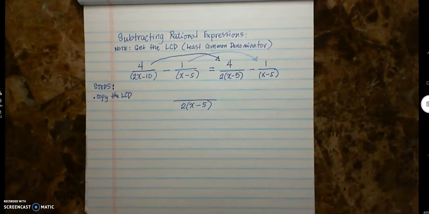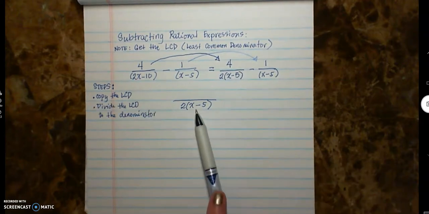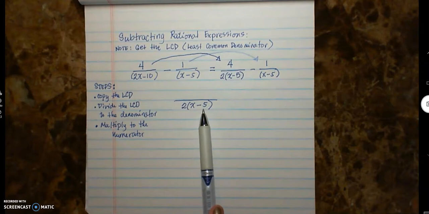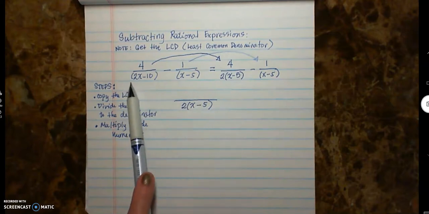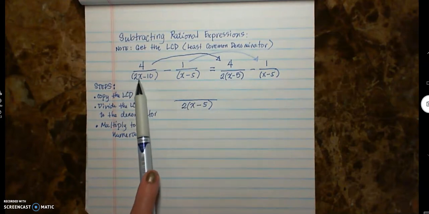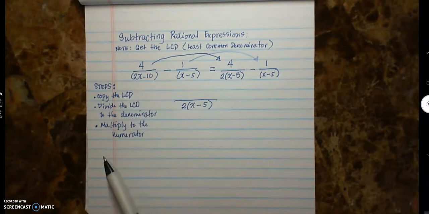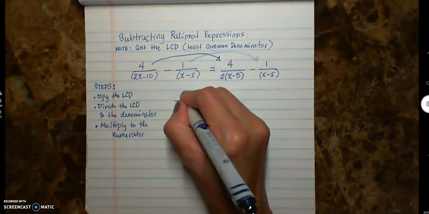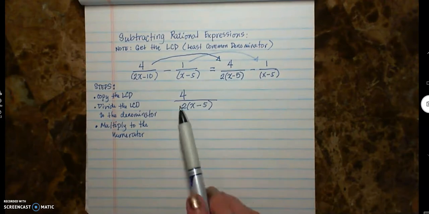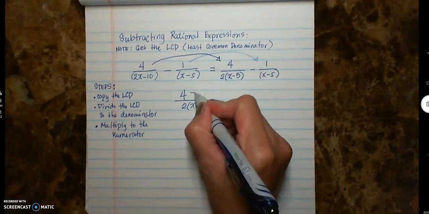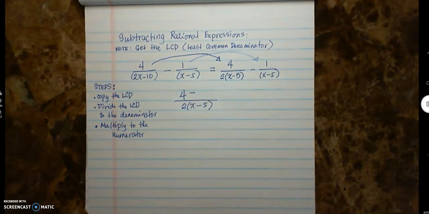So now copy your LCD. And then step 2, divide the LCD by the denominator. So this, which is equivalent to this divided by this, is 1, times, and your next step is to multiply it to the numerator. 1 times 4 will give you 4. And then copy down the sign and do the same process for the other one.